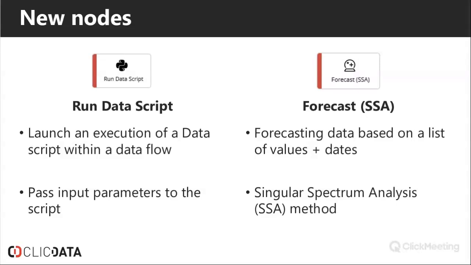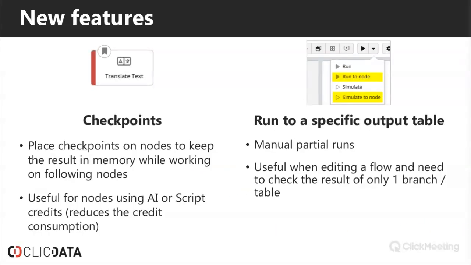Super easy, super useful if you're using, for example, sales data and you have 2-3 years worth of data, and you can see what could be the outcome of the sales in the next months.